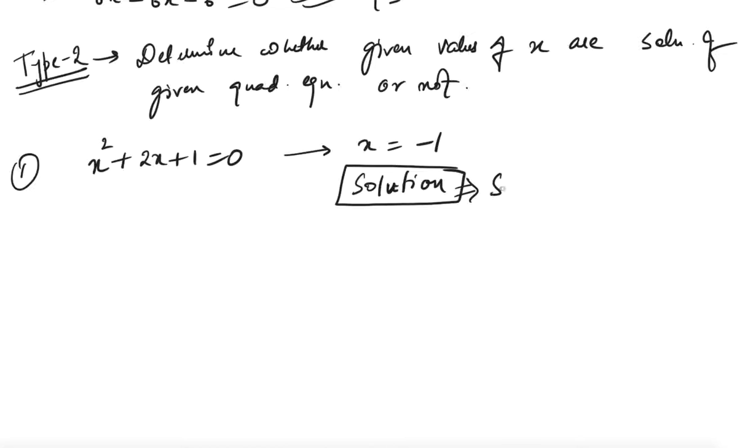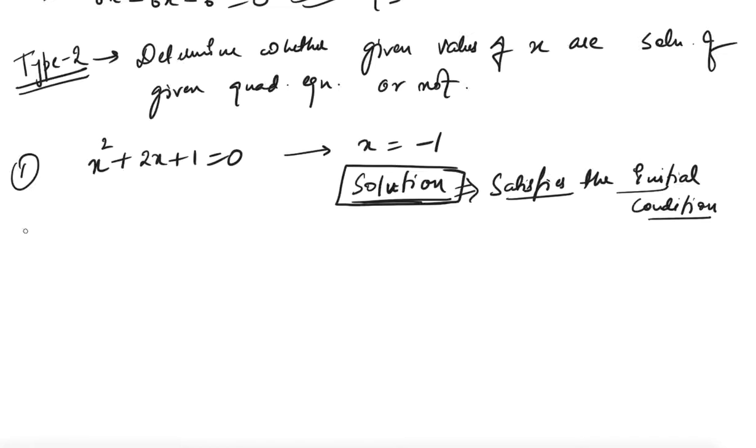A solution always satisfies the initial condition. A solution is only considered to be a solution when it satisfies the initial given condition. So if x equals minus 1 is the solution of this, it should satisfy this.